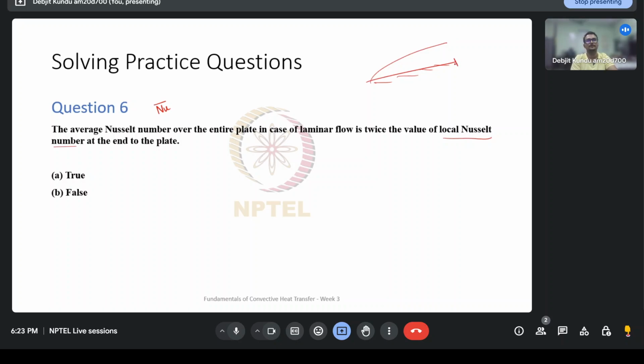So if we are considering a plate of length L, then all I'm saying is that Nu at L, the local Nusselt number, and the average is twice this. So mathematically, this is what the statement is. Now, is that statement true or is it false?